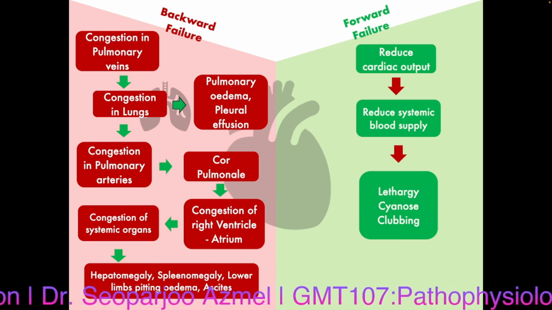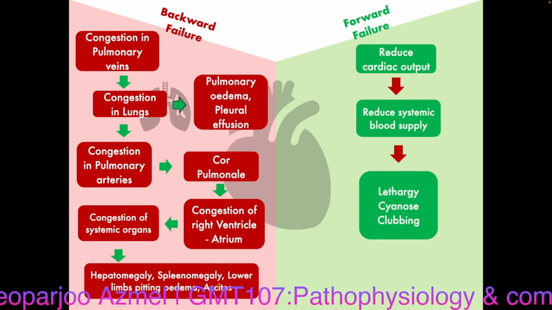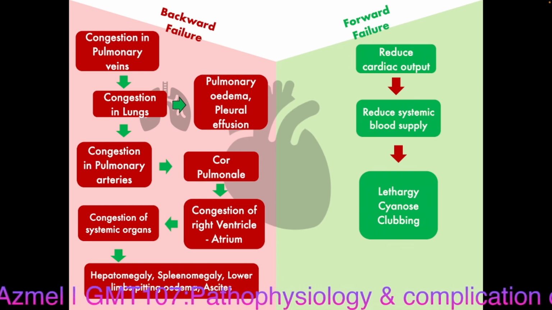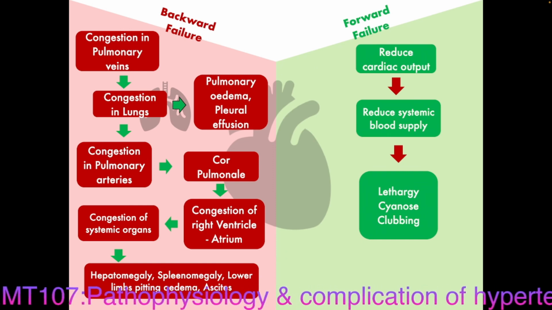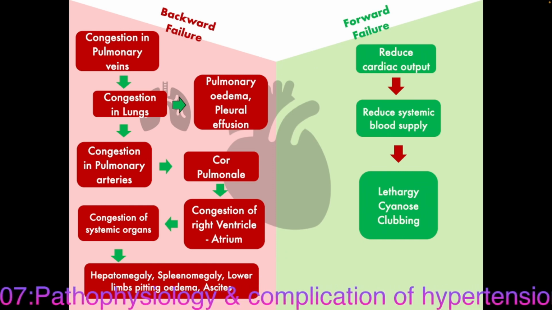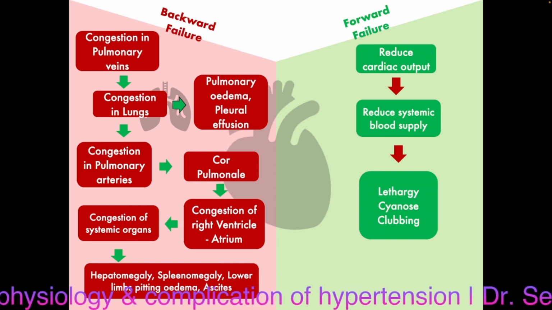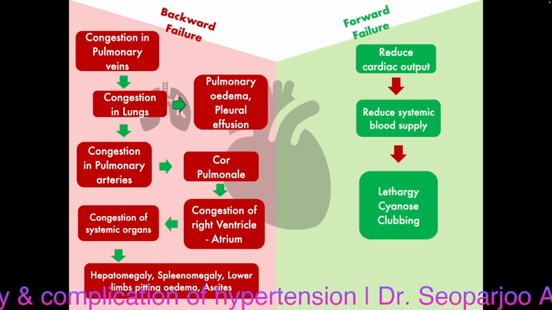When the function is not good, this will reduce the cardiac output. This will reduce the systemic blood supply, and cause the patient to have lethargy, cyanosis, and also clubbing due to poor circulation to the fingers and the systemic circulation.